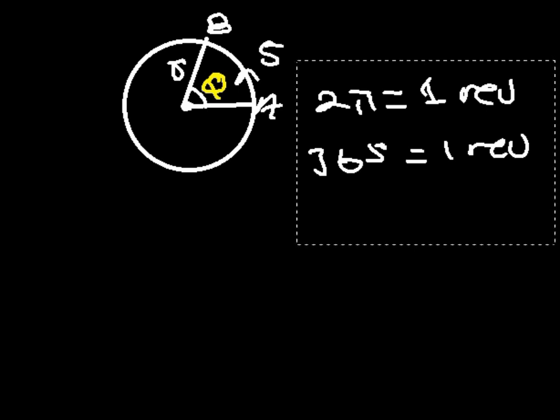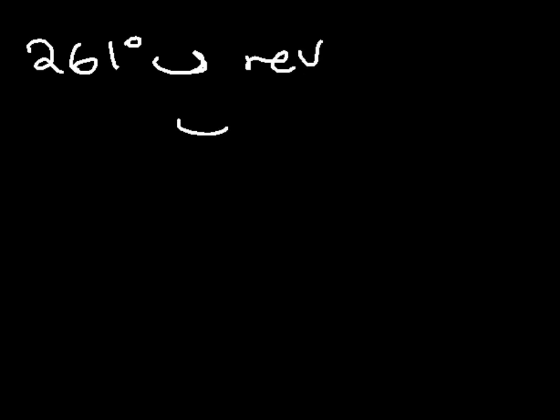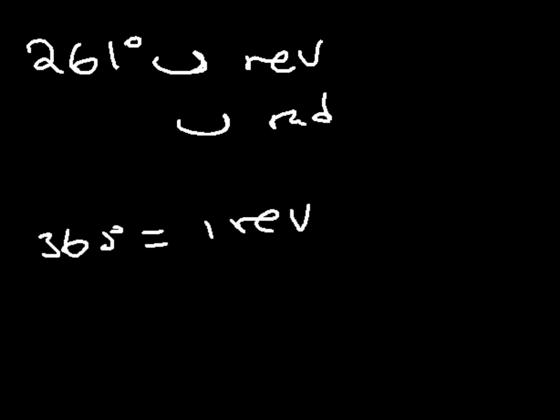Now, for instance, let's say we have 261 degrees. What is this in revolutions and in radians? We understand that 360 degrees is equal to 1 revolution. How about 261 degrees?